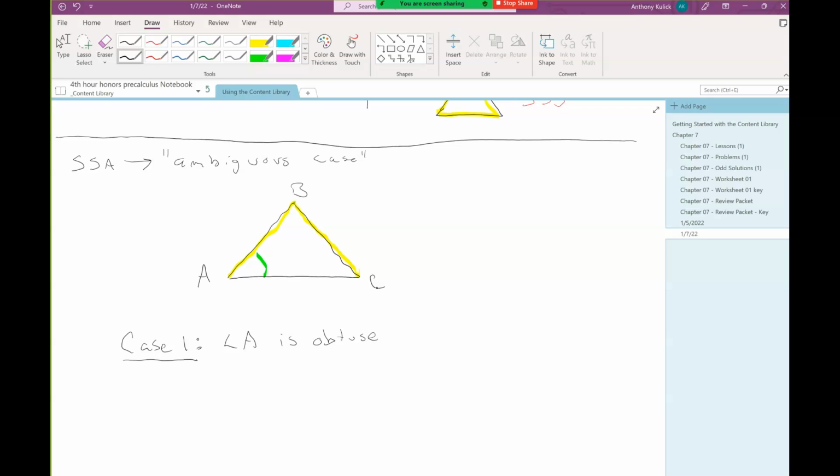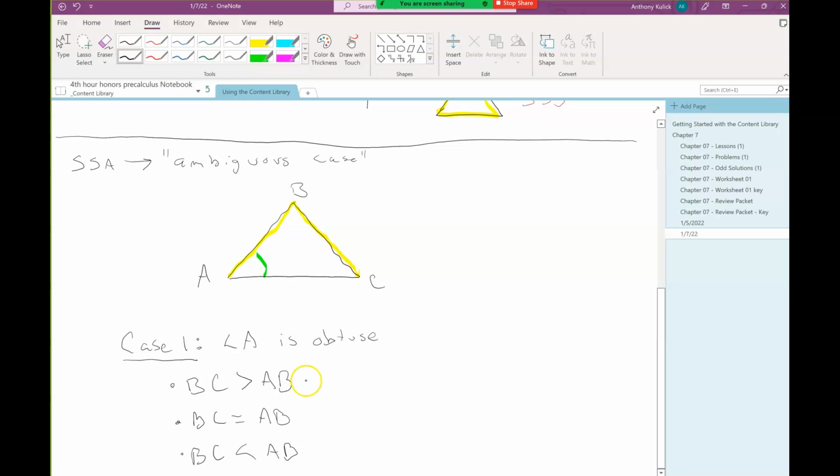So the biggest side is across from the biggest angle, the middle side across from the middle angle, smallest across from the smallest. So there are three situations for the two sides that are given: either BC is bigger, BC and AB are the same, or BC is smaller than AB.